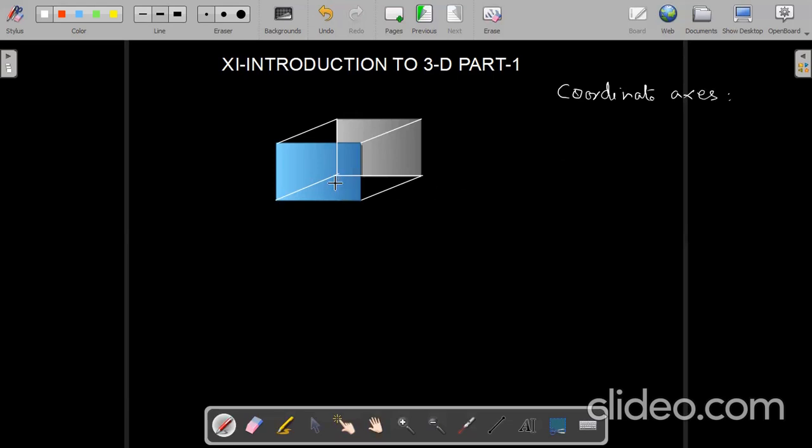So if you see this figure, okay, if we draw three mutually perpendicular lines passing through this O point, this is our O point, okay, and if we draw three mutually perpendicular lines, the first line from O we can draw like this.